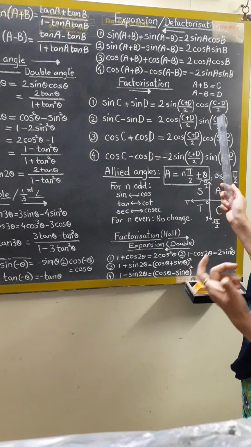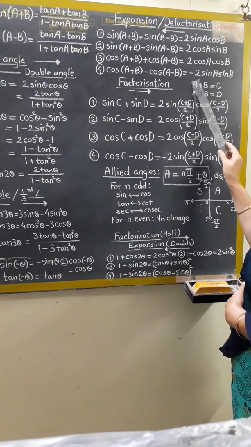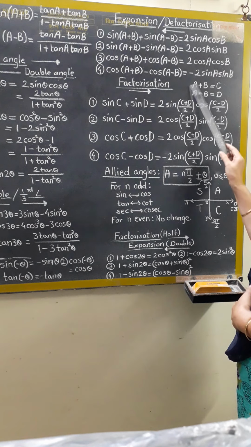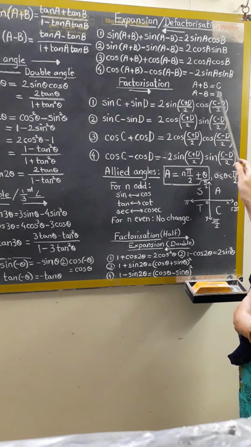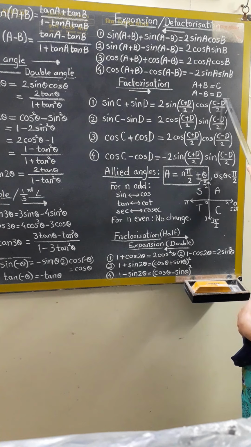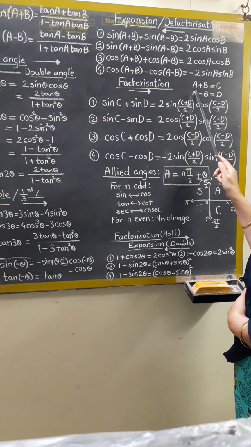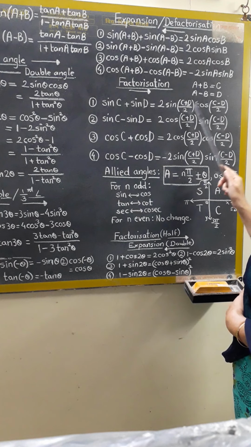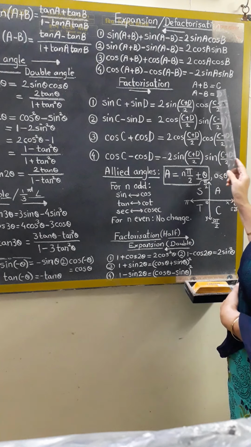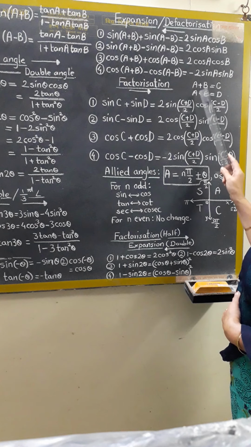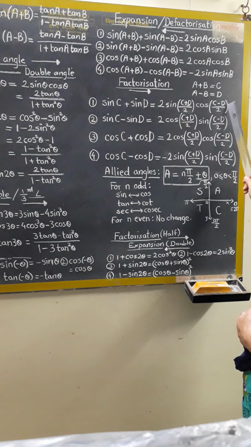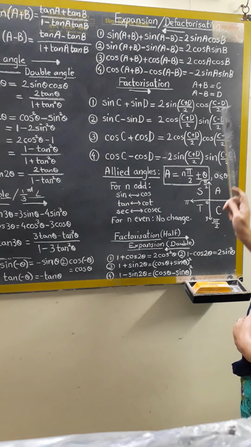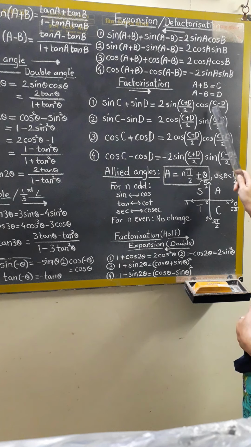And why we are doing so is that we already have this relation: a plus b is equal to c, a minus b is equal to d. When I add these two simultaneous equations, you get that a is nothing but c plus d upon 2, whereas b is nothing but c minus d upon 2, because a gets cancelled in the subtraction.